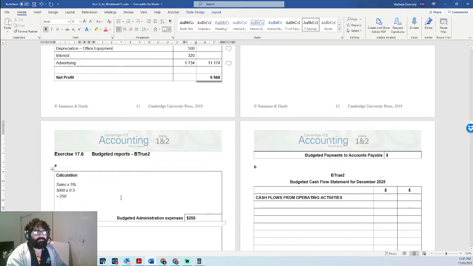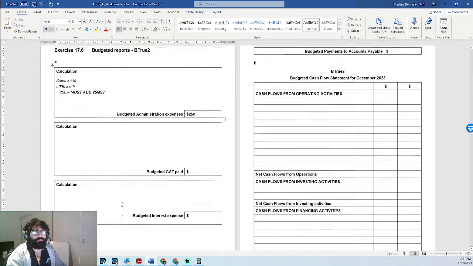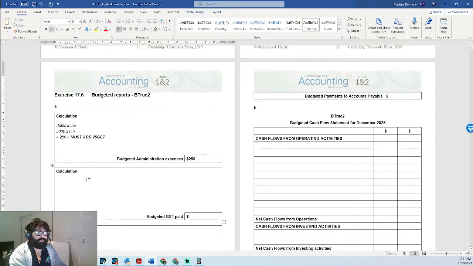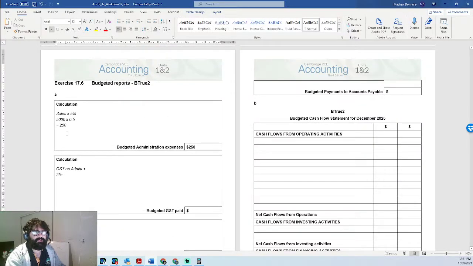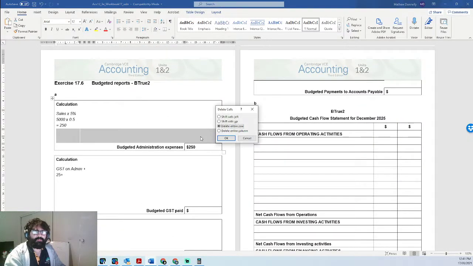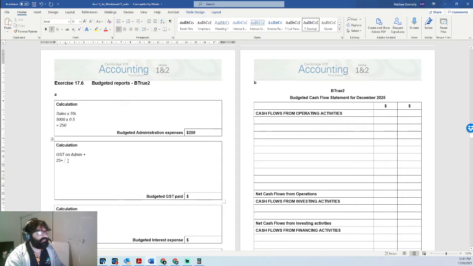And we must add 25 GST. We'll just do it here: GST on admin, plus 25. Perfect. So don't forget, anything we do on cash will be our GST paid. Let's see, GST on admin.